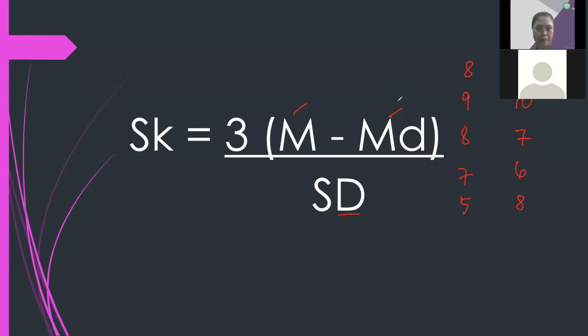M is the mean, and then MD is the median.